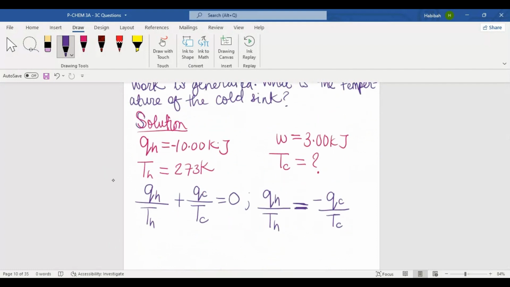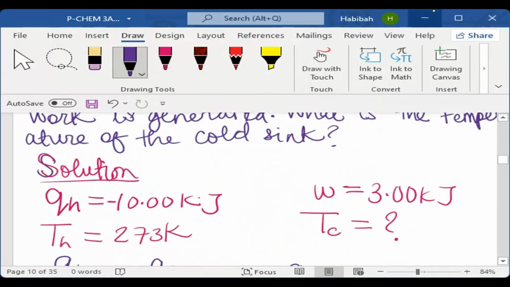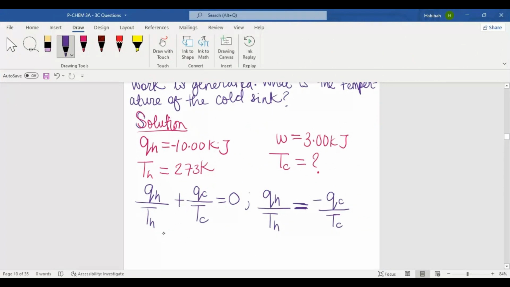So the heat of the cold sink, QC, is just whatever heat we took from the hot source minus the work done. That's going to be 10.00 kilojoule minus 3.00 kilojoule. You may be wondering why we are not using negative.